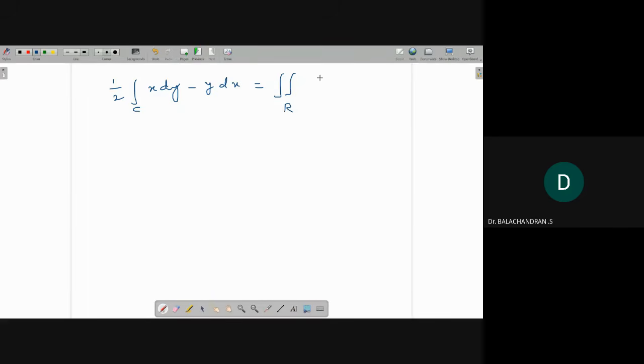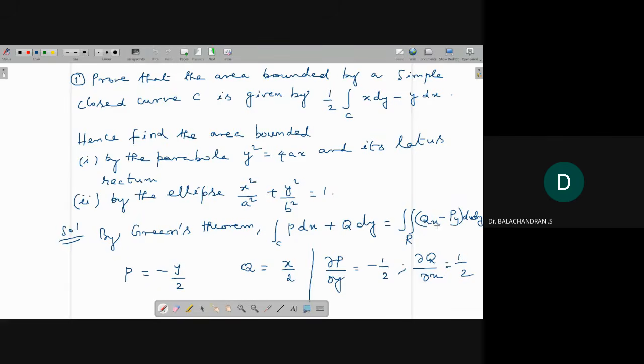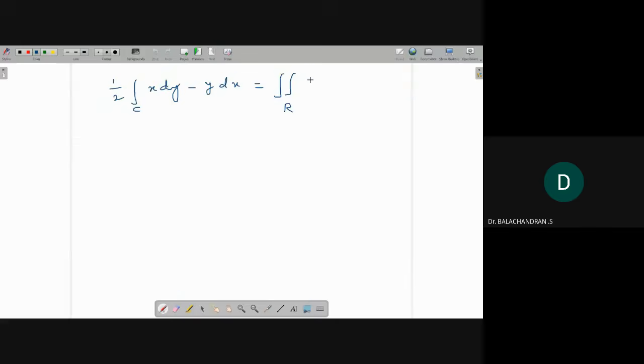So the right hand side of Green's theorem is dou q by dou x, which is 1 by 2, minus dou p by dou y, which is minus 1 by 2. So minus of minus is plus: 1 by 2 plus 1 by 2, into dx into dy. So this is nothing but the double integral over R of dx dy.